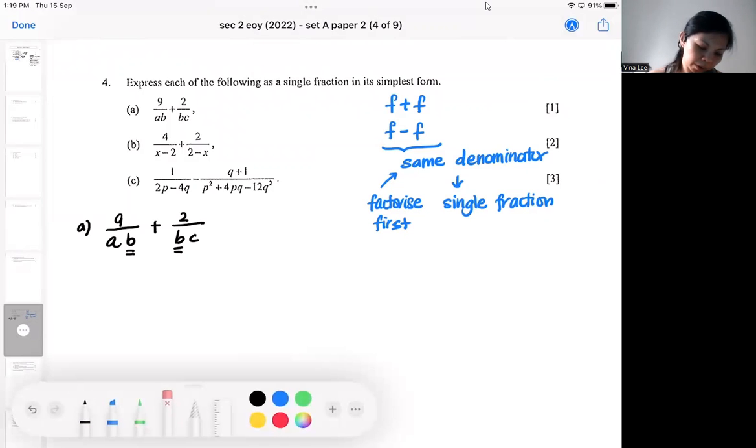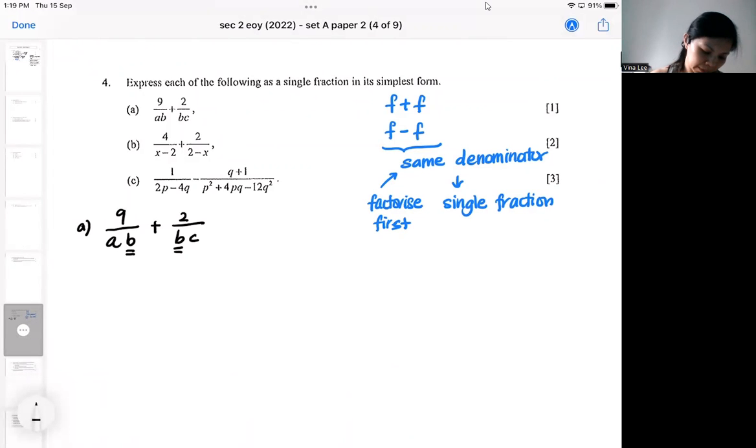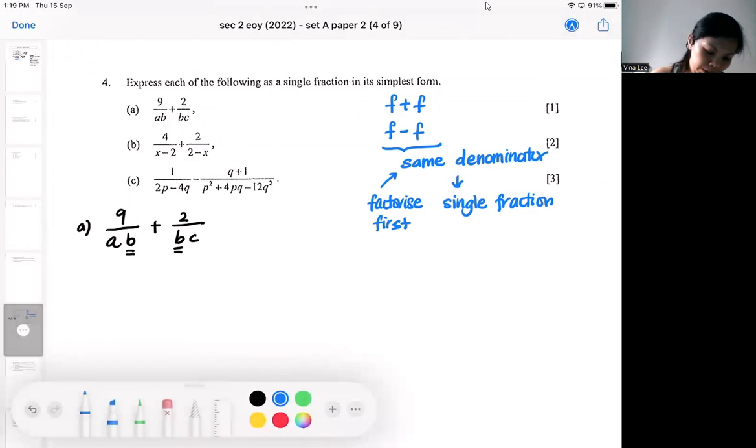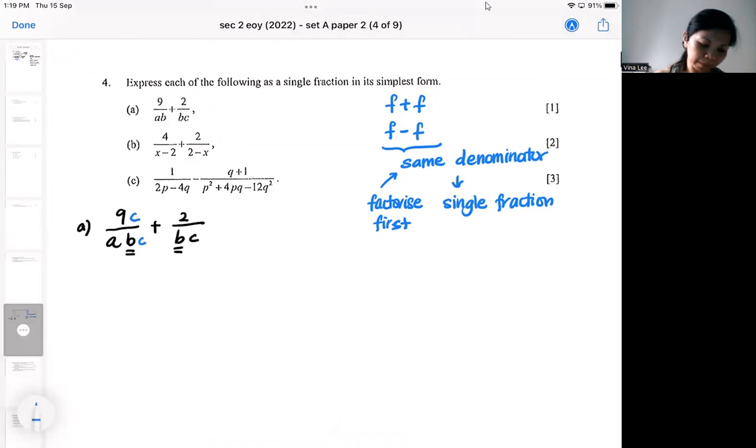So for the first fraction, only C is missing, so you just need to multiply a C. For the second fraction, A is missing, so you will multiply with a A. Upon doing this, you realize that you got same denominator already.